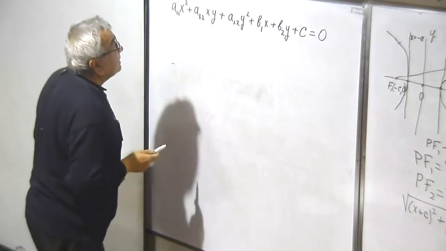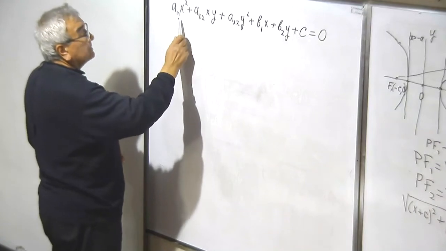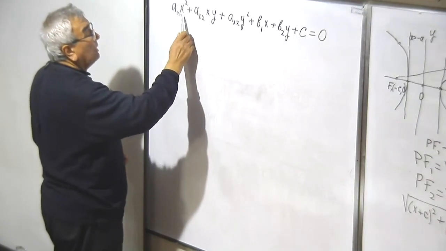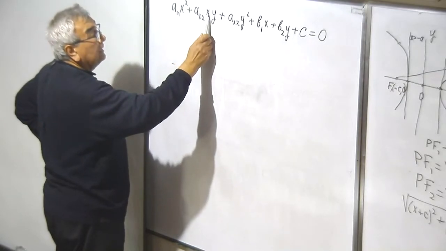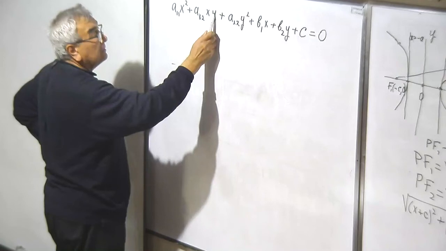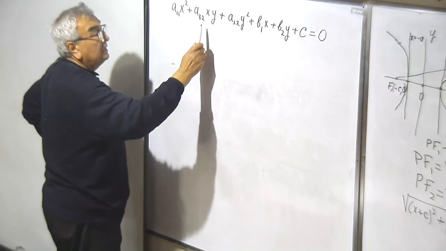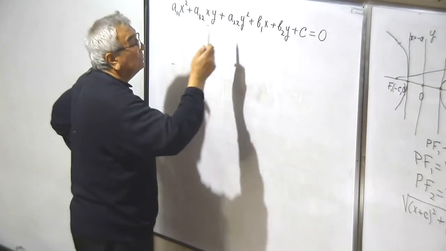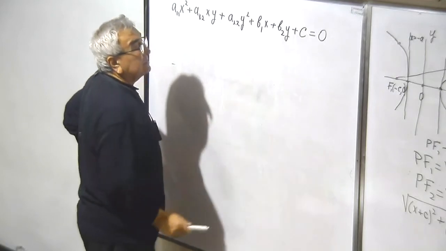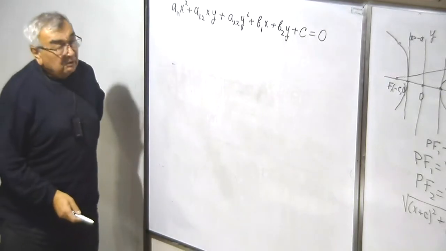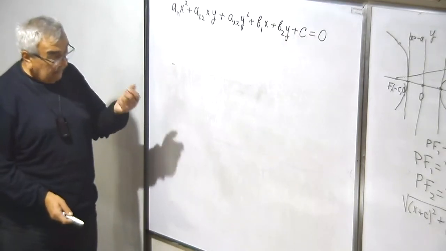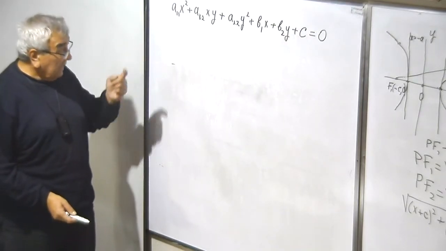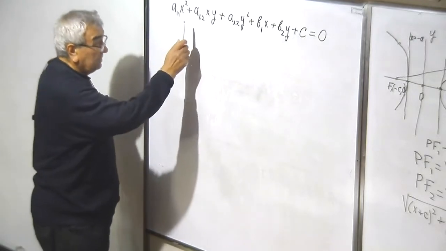You see, x has power 2, y here also has power 2, and these have power 1. This is the general equation for this type: parabola, ellipse, hyperbola. It depends on these coefficients.